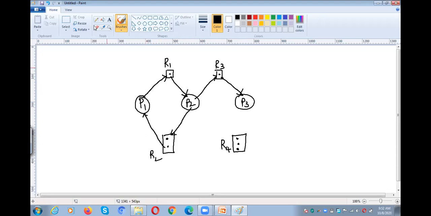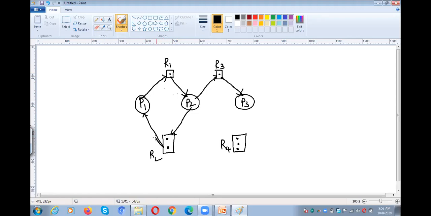So for example, if there is only one instance of R2, then automatically there will be a circle. But here in our example, if you carefully observe the diagram, we have two instances.